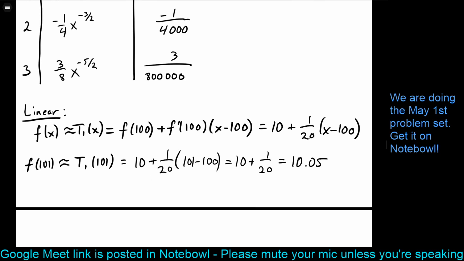But all we did here, the graph of y equals this thing right here, this would be the tangent line. This is exactly the tangent line to f of x at x equals 100. So what we're saying here is that the square root of 101 is approximately 10.05.